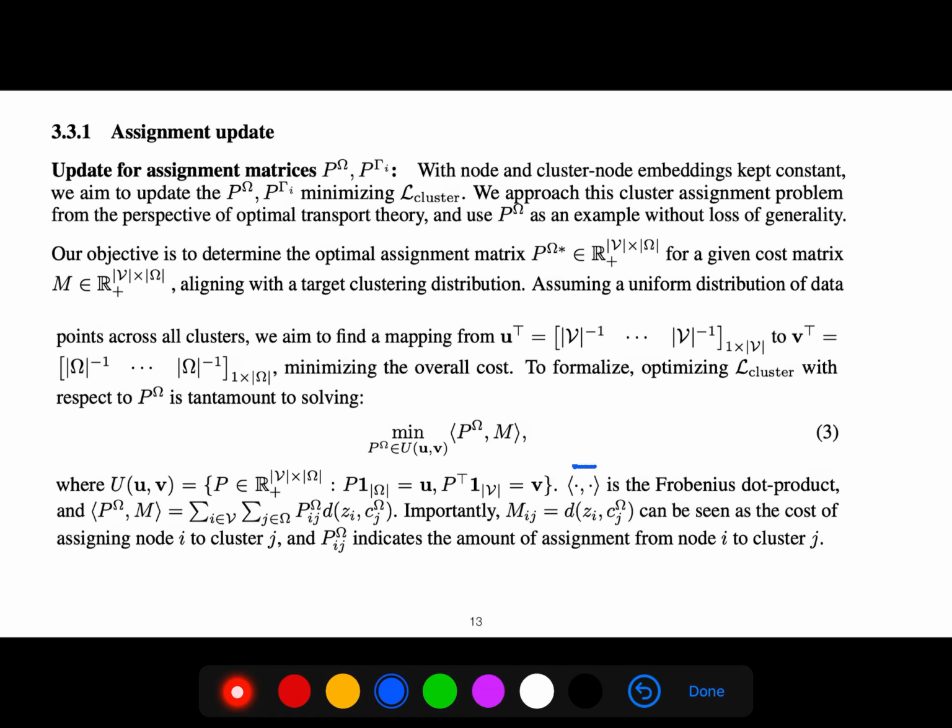This is the Frobenius dot product between P and M, and M can be seen as the cost of assigning node I to cluster J.